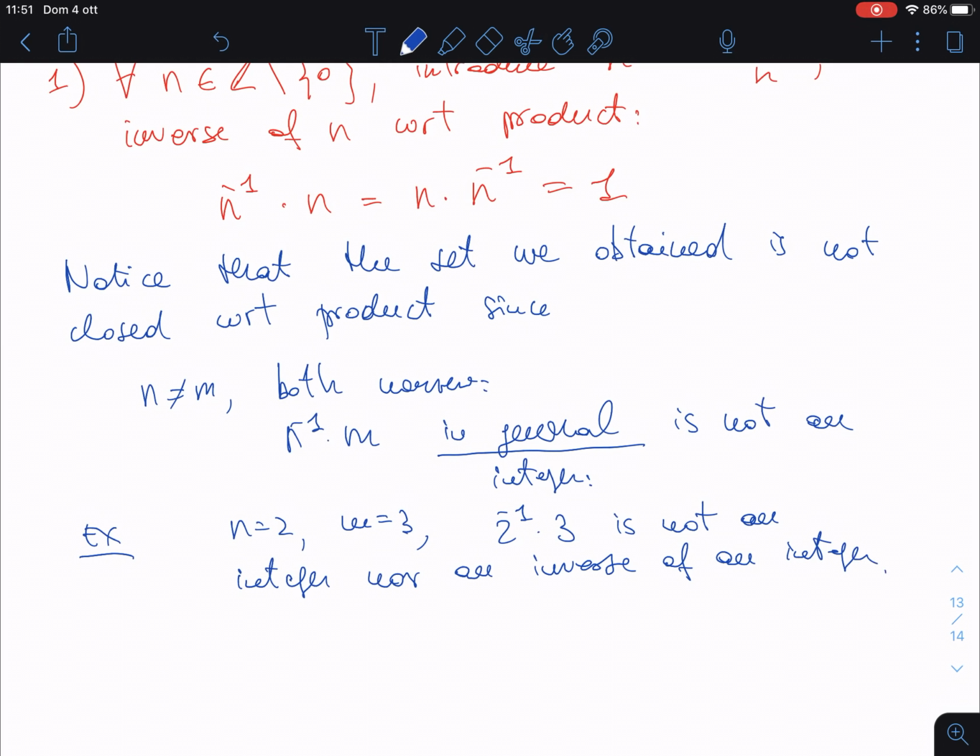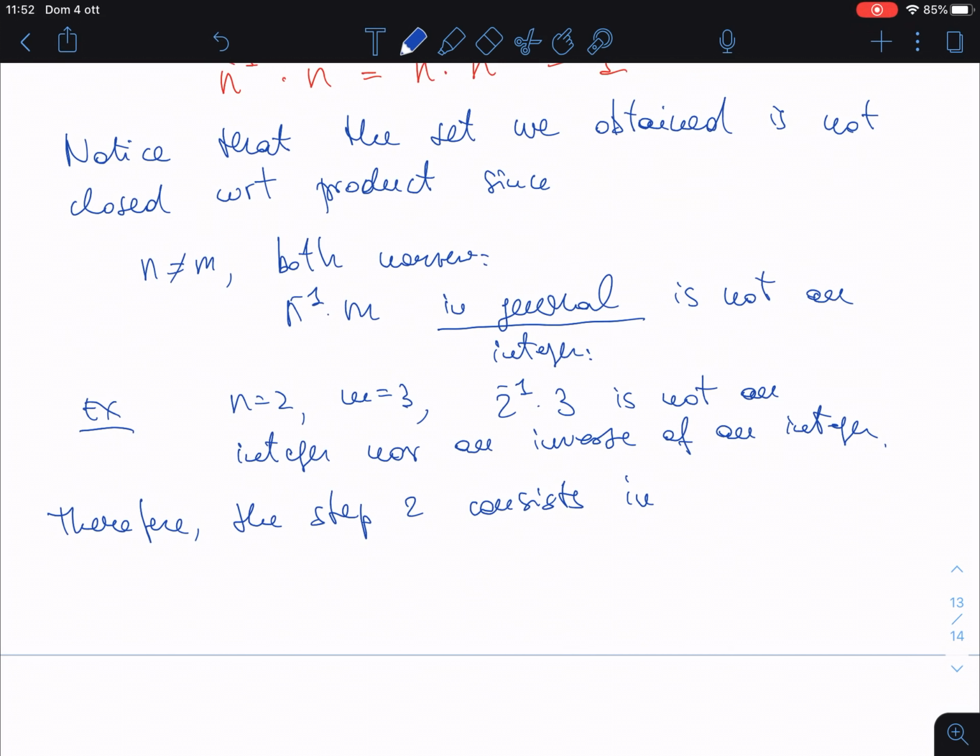Therefore, step 2 consists in including all these numbers like 3 over 2.